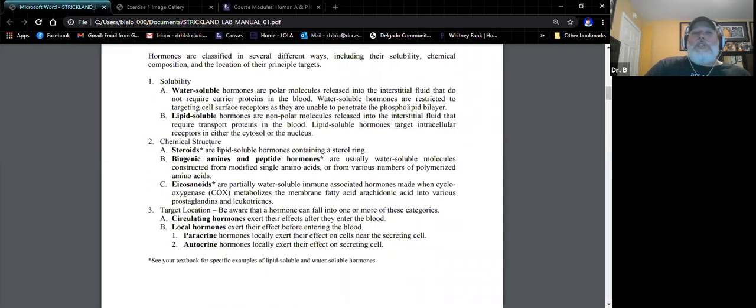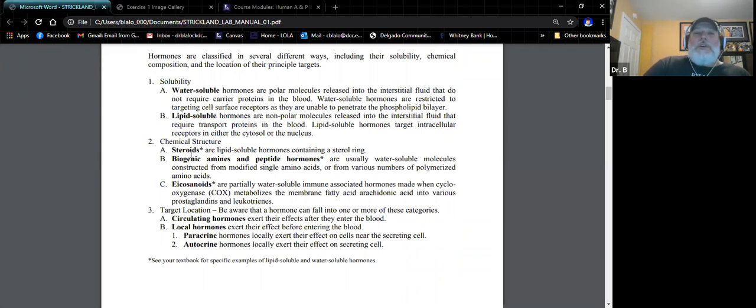The chemical structure of hormones. They can either be steroids, which means that they have a sterol ring associated with them, biogenic amines and peptide hormones, okay, these are going to be water-soluble molecules, which basically are built from amino acids, and then eicosanoids.